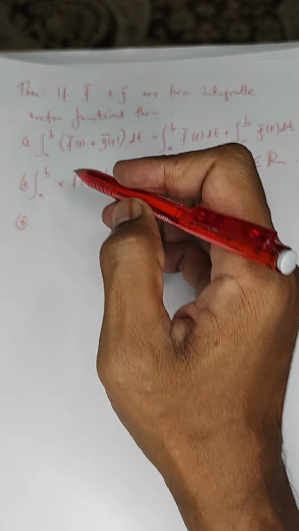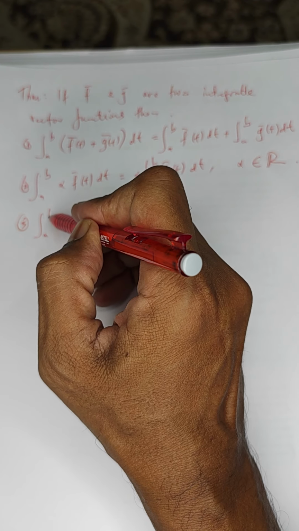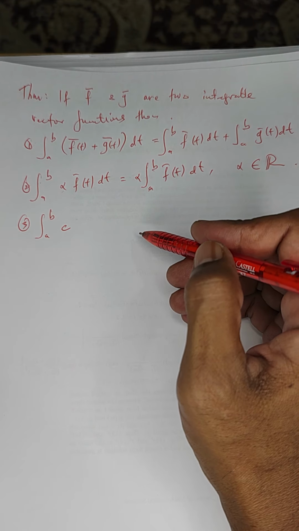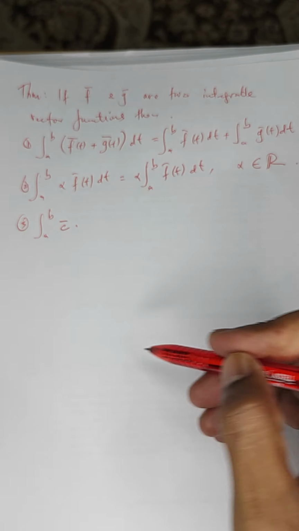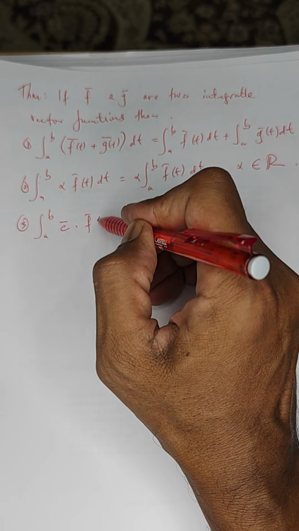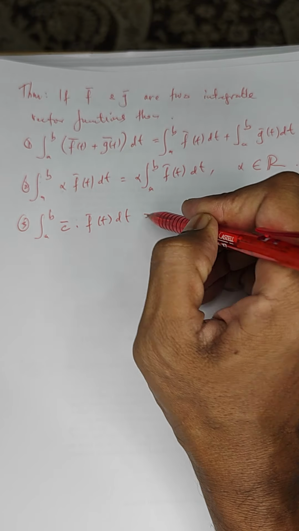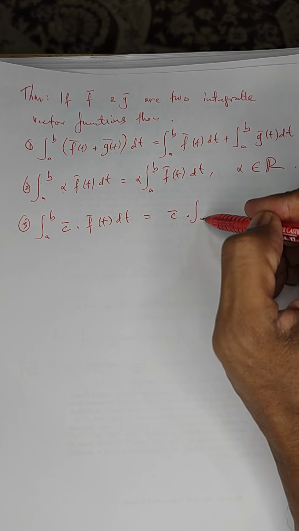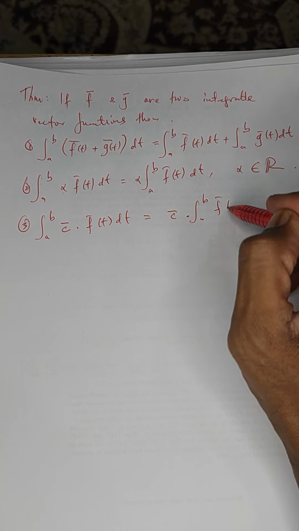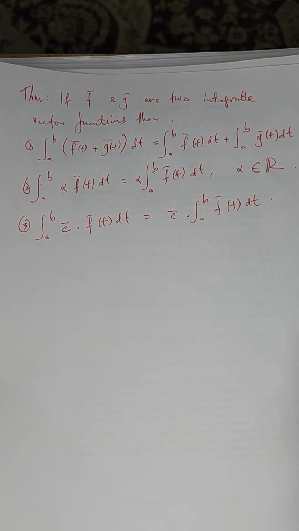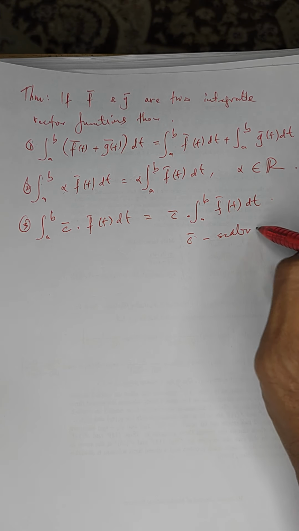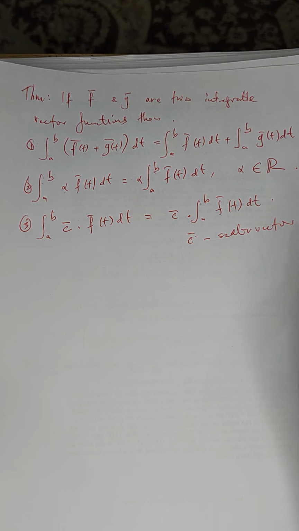And number three, we integrate a to b c dot f(t) dt, where c is a constant vector, this is just equal to c dot integral a to b f(t) dt.